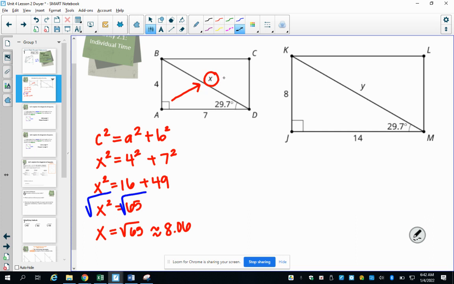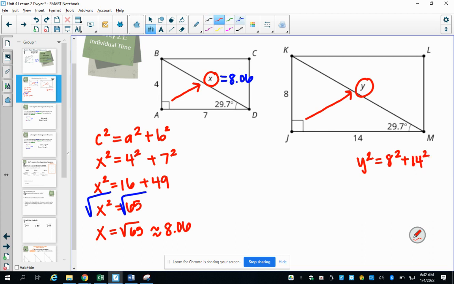Like I said, now that we know that this is 8.06, then we can take a look at scale factor, or you can do Pythagorean theorem again. If you want to do Pythagorean theorem again, you would locate the c value, and then set up Pythagorean theorem and do it very similar to the previous one.